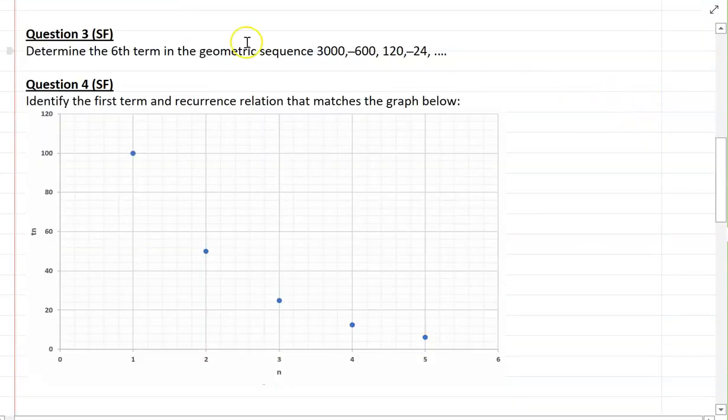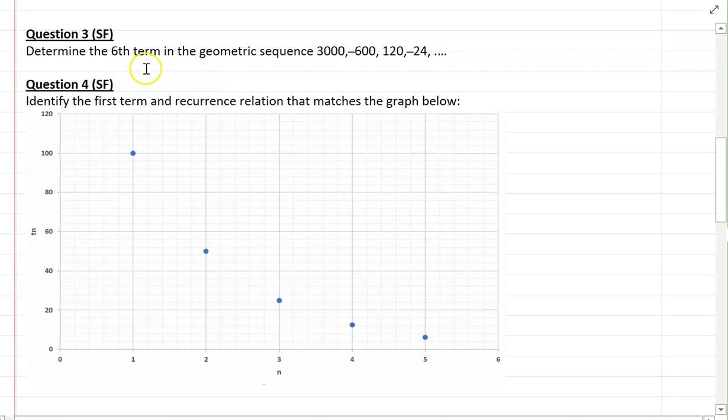Moving on to question 3. This simple familiar question is asking you to determine the 6th term in the geometric sequence 3000, -600, 120, -24. So think about what you need to do to find the 6th term.